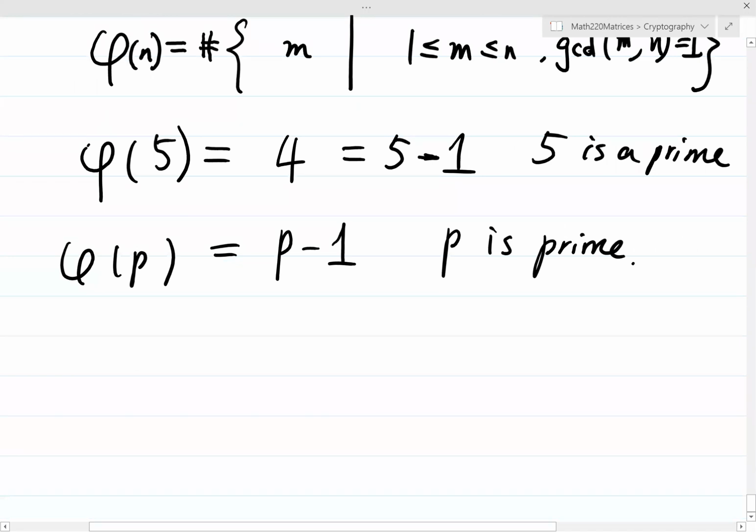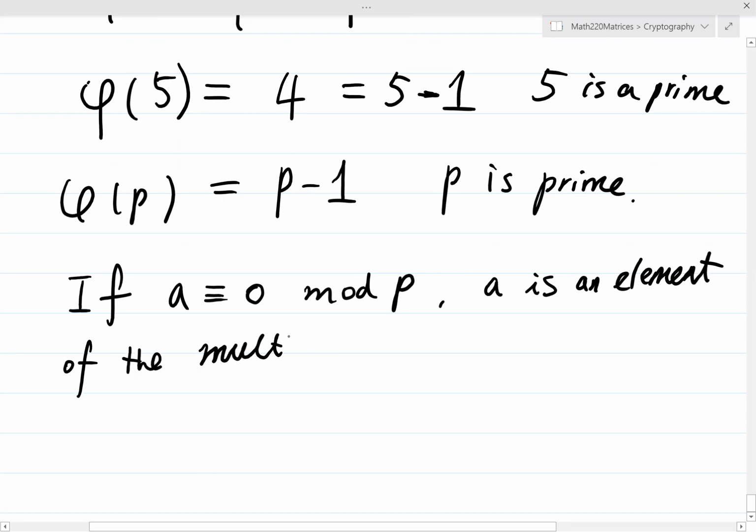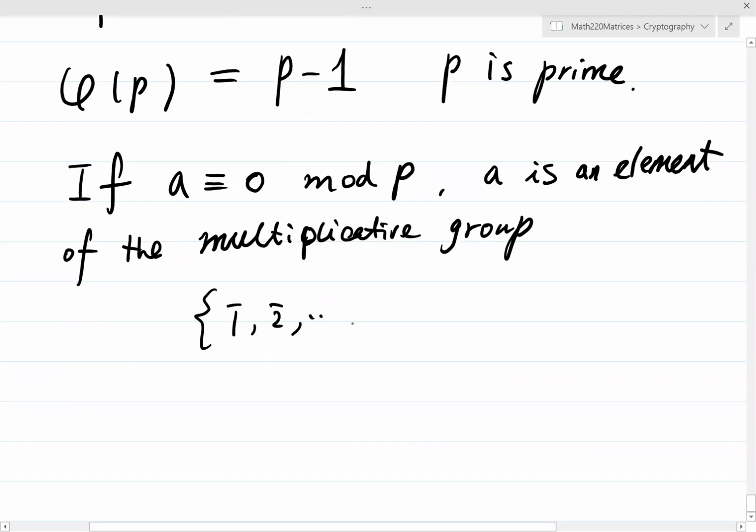Now from Lagrange theorem, if a is not congruent to 0 mod p, then a is an element of the multiplicative group 1 bar, 2 bar, up to p minus 1 bar.